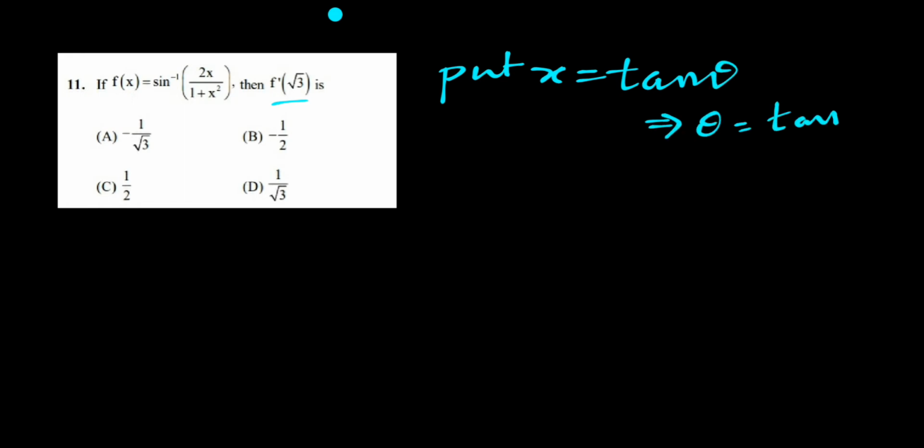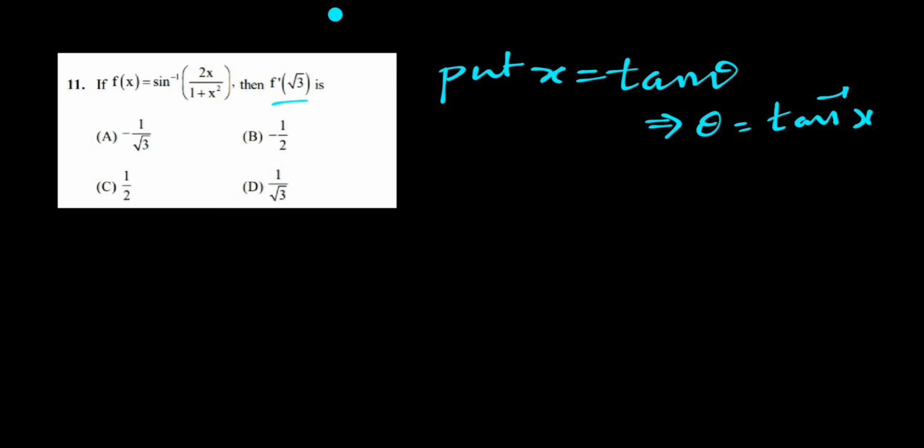Next, problem number 11. If f of x is equal to sine inverse of 2x by 1 plus x square, then we have to find the value of f dash of root 3. First of all, we have to find f dash of x. For that purpose, put x is equal to tan theta, which implies theta is equal to tan inverse x.